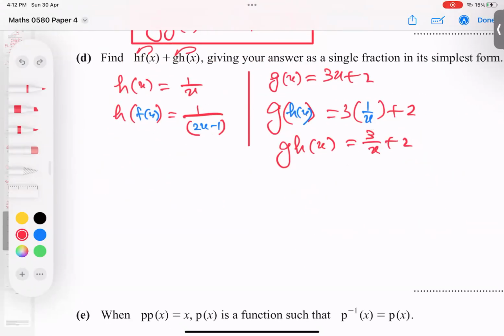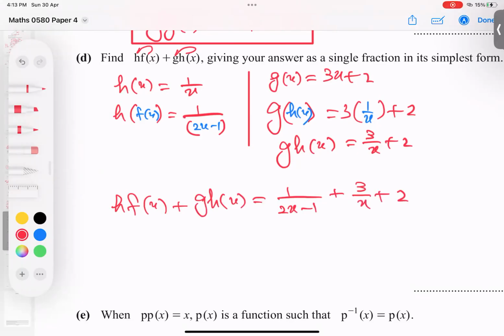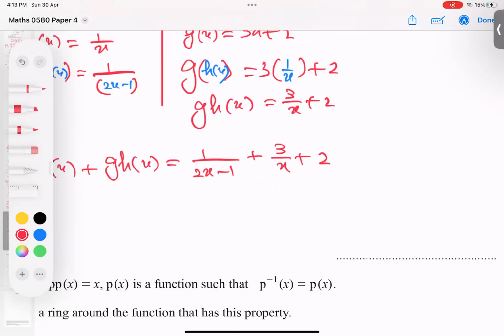So h f of x plus g h of x is 1 over 2x minus 1 plus 3 over x plus 2. And it said to make a single fraction. So, students, what is the LCM of this into this, the product? This matches, but this needs x to multiply up.